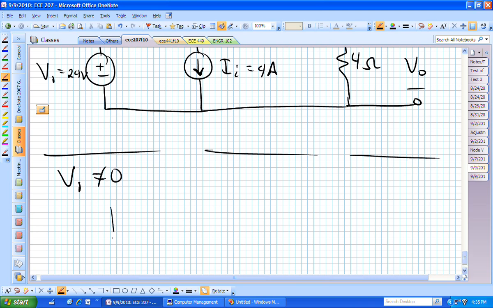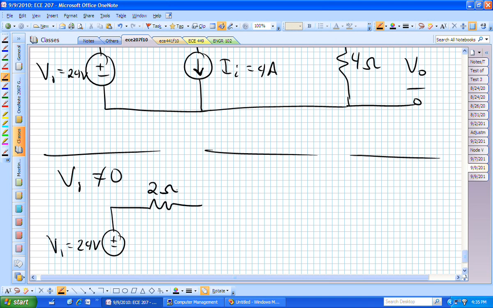I now have this source, V1, is 24 volts. What happens to the current source? Or what happens to the resistor? The horizontal resistor, what happens to it? It stays there. We're not changing that. That's still there.